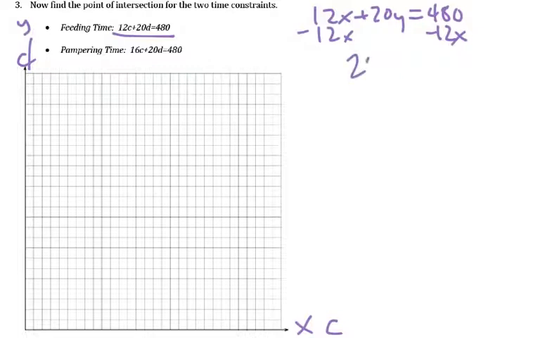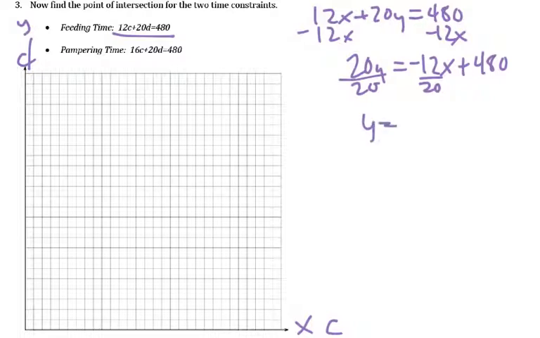So we get 20y equals negative 12x plus 480. Divide everything by 20. We get y equals, we can divide that by 4, negative 3/5 x plus 480 divided by 20 would be 24.